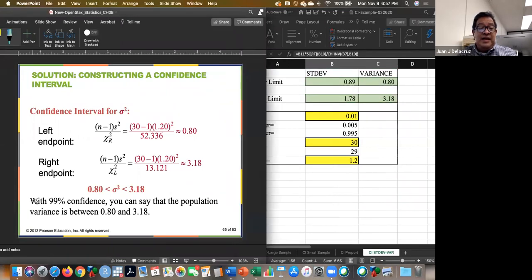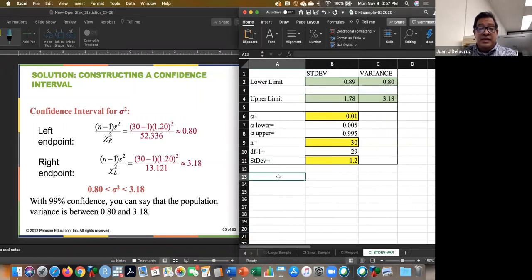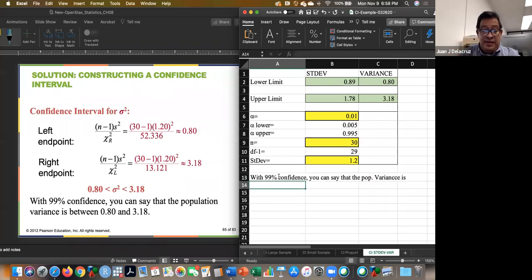Of course, if I am writing my results, I'm going to say with 99% confidence, you can say that the population variance is between 0.8 and 3.18, right?